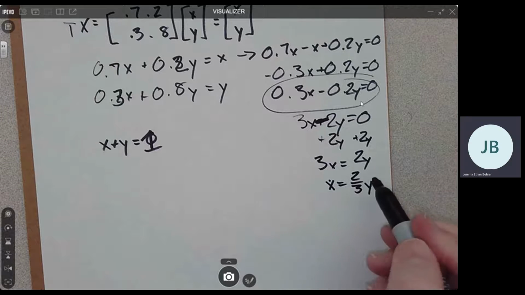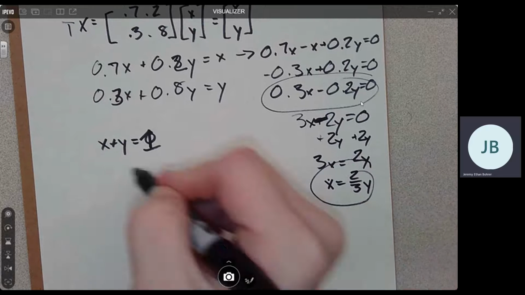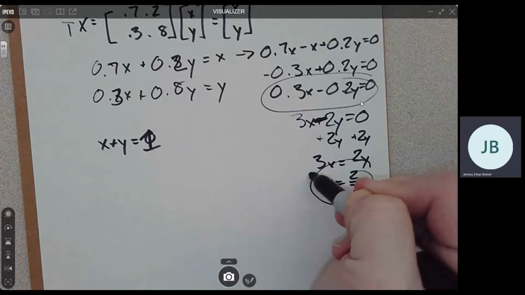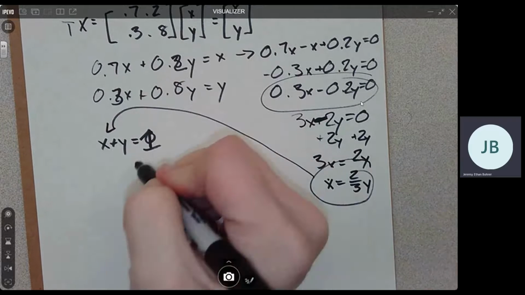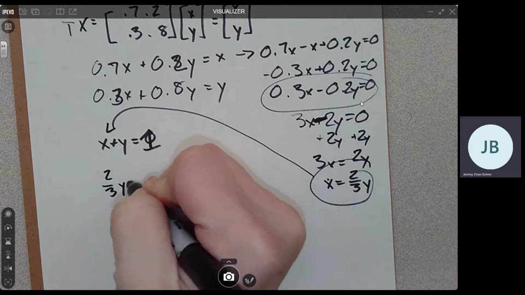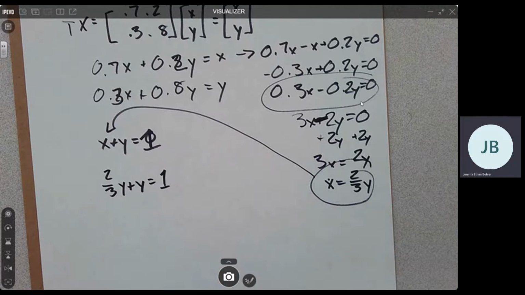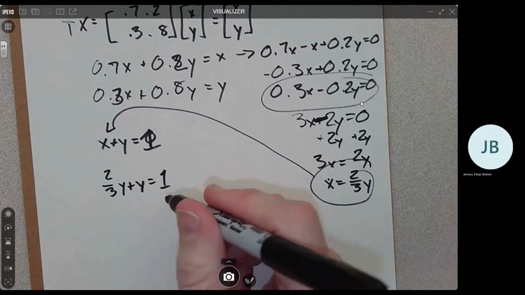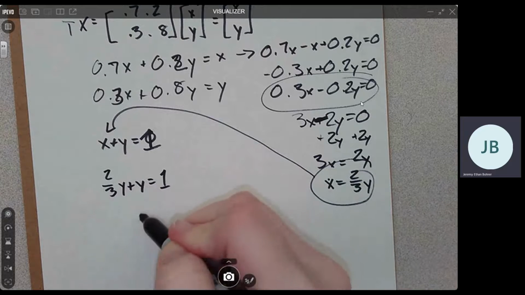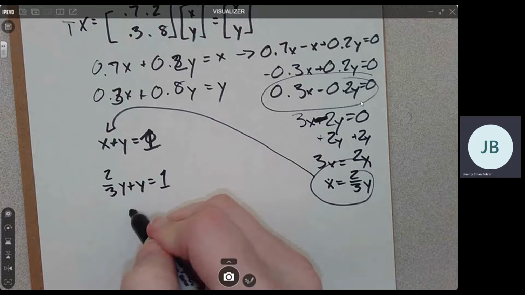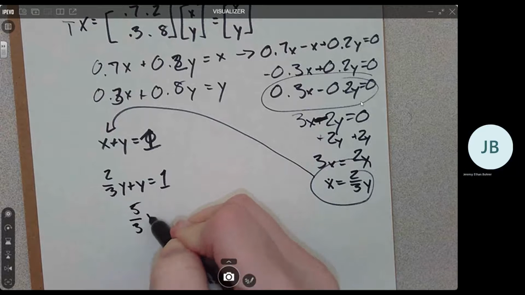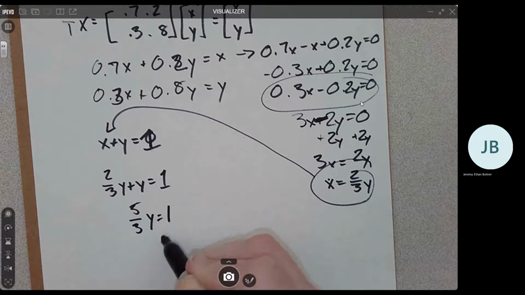So since x equals 2/3 y, I can substitute that in here. That's 2/3 y plus y equals 1. Well, then 2/3 plus 3/3 is 5/3 y is 1.